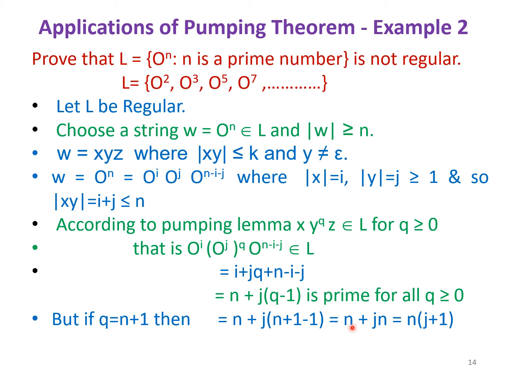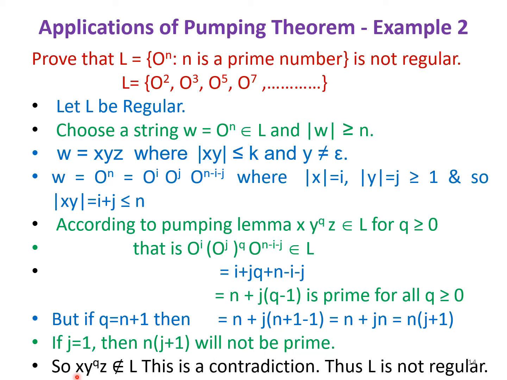And if we take n common, then the leftover is n into j plus 1 which should belong to L. But if j is equal to 1, then n into j plus 1, that is 1 plus 1, is 2. 2 into anything will never be prime. So x y raised to q z does not belong to L. This contradicts the assumption that the language is regular.